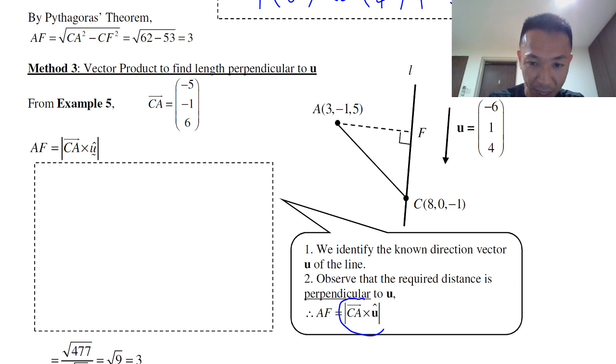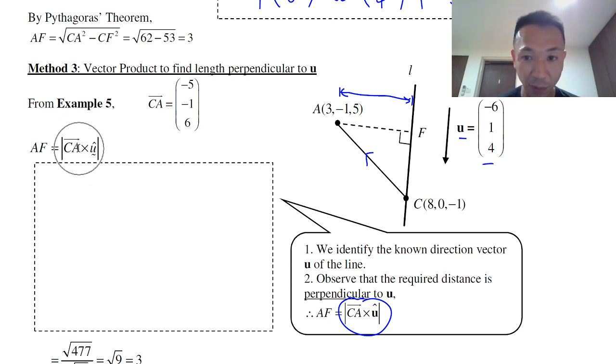If I find CA and I know this vector is minus 6, 0, 1, and I want to find AF directly, distance only, I think it's quite obvious we can immediately use this formula: CA cross the unit vector of u. Of course, we take the magnitude. If you are not sure, go back and revise your projection on this diagram where you last saw this formula.